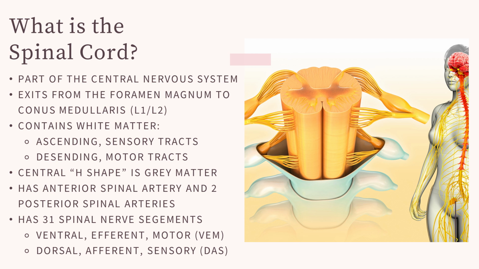And lastly, the spinal cord has 31 spinal segments, which are composed of the ventral efferent motor nerve roots and the dorsal afferent sensory nerve roots, also known as VEM-DAS for short. An easy way to remember: ventral efferent motor, dorsal afferent sensory.